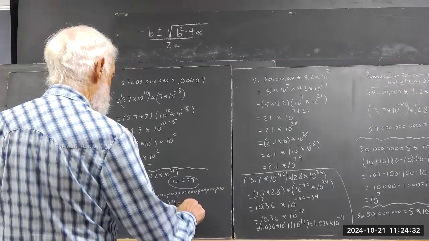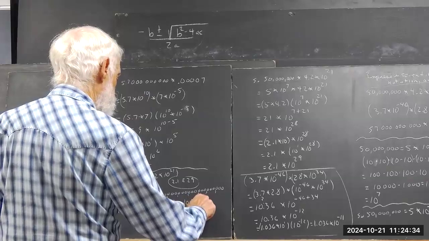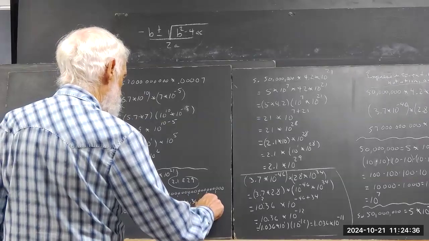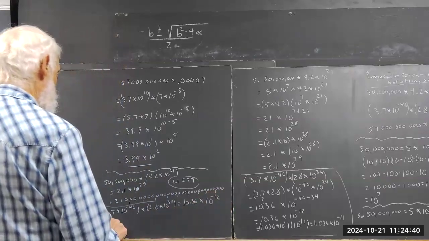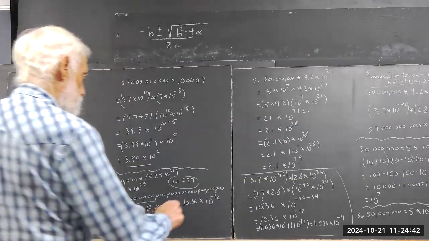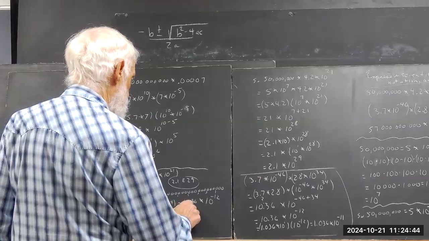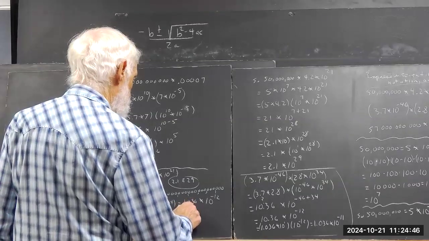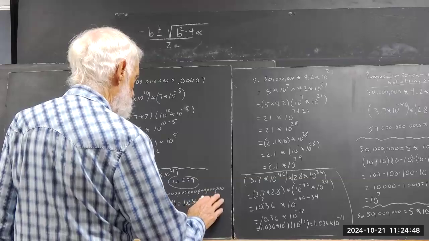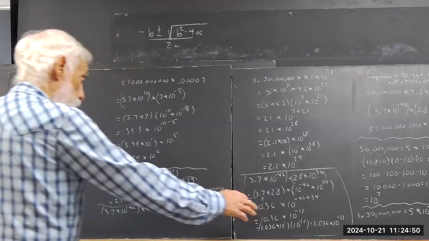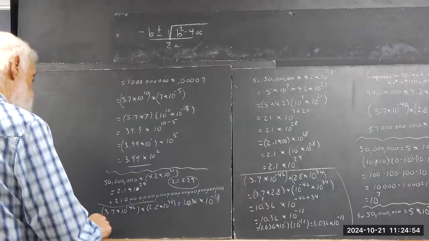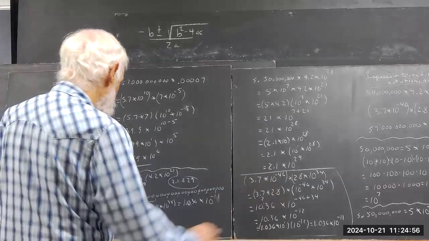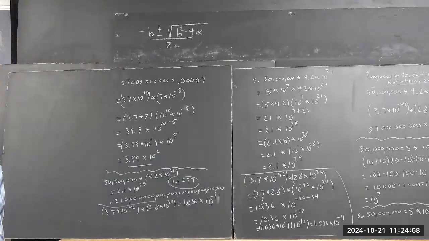we're going to get, if my multiplication is correct, 10.36 times 10 to the negative 12. Well, sorry. Copy down what I wrote, which is 1.036 times 10 to the negative 11. What I got down there. That's too far away. I couldn't see it over there. Okay.